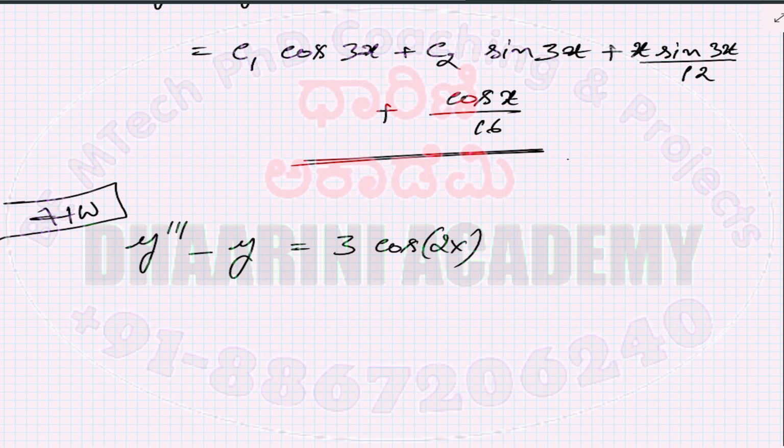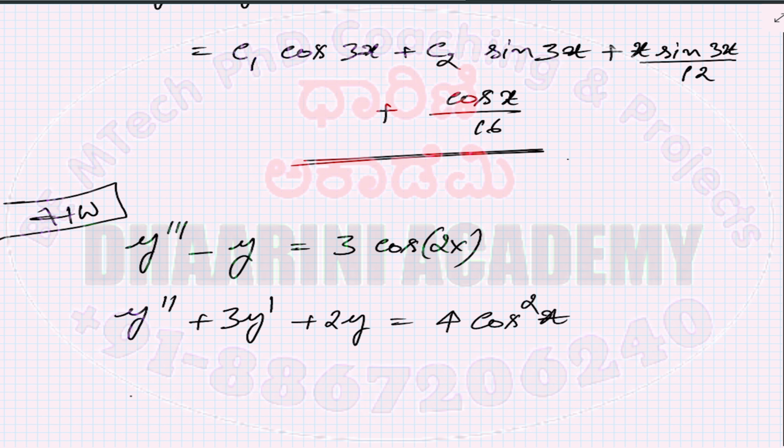That's problem number 1. Then let me give another one: y double dash plus 3y dash plus 2y is equal to 4 cos square x.